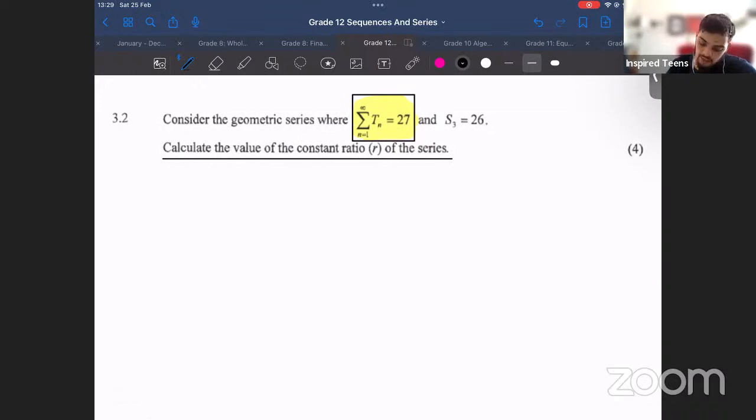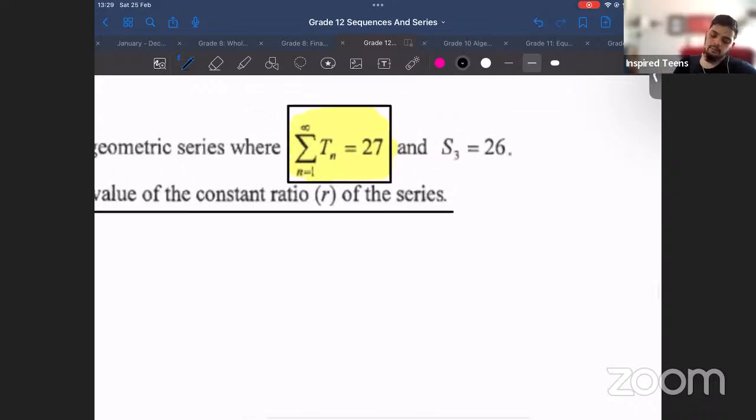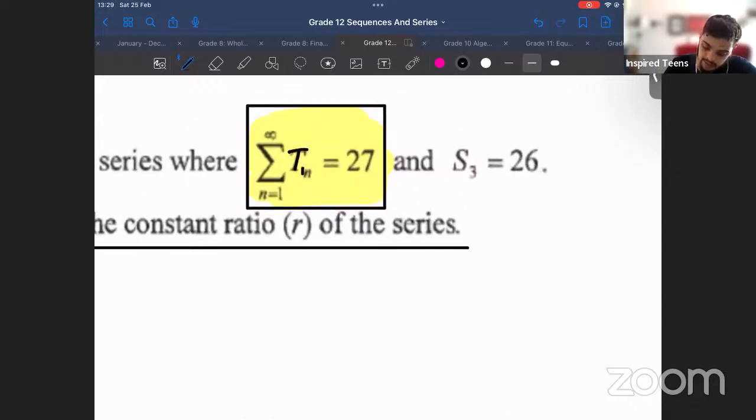So first, let's evaluate the sigma, the sum. This is really important. When they put it like this, Tn is not equal to 27. Tn is just not known.